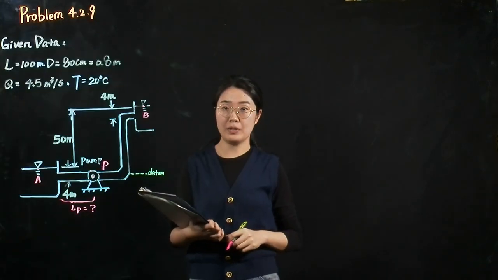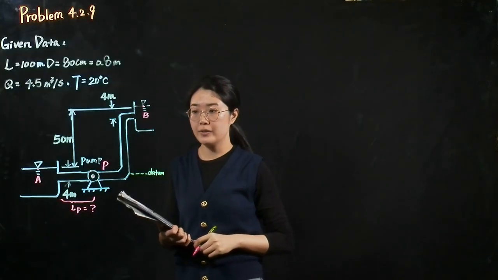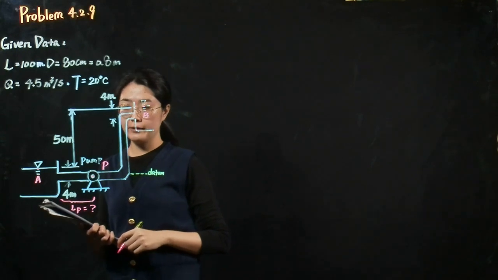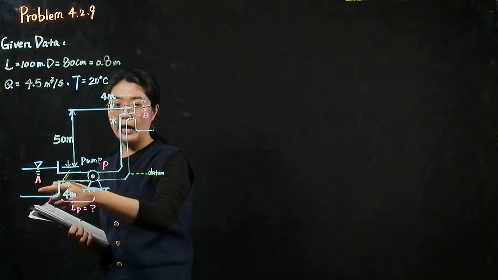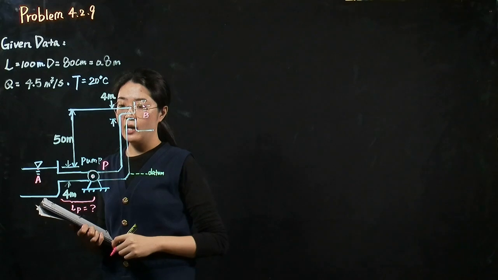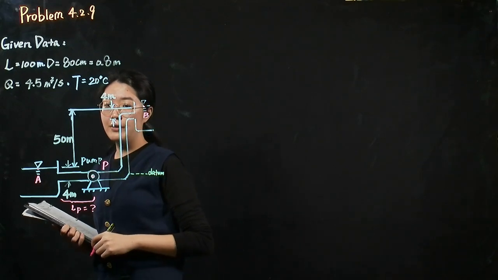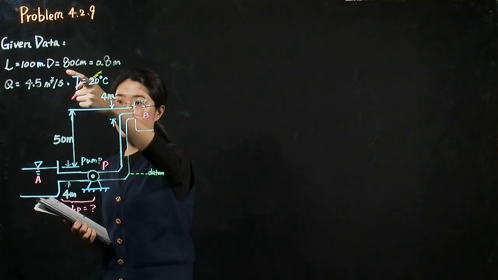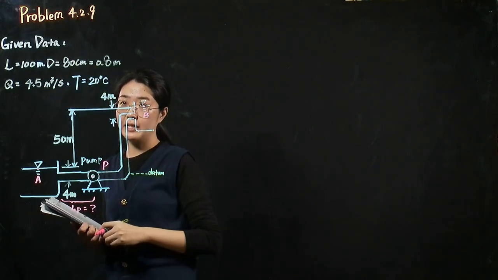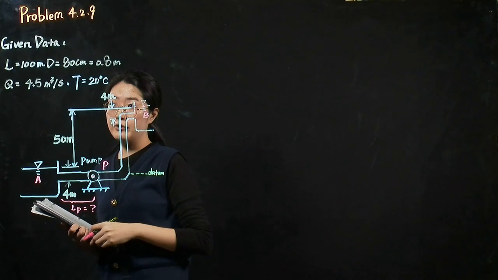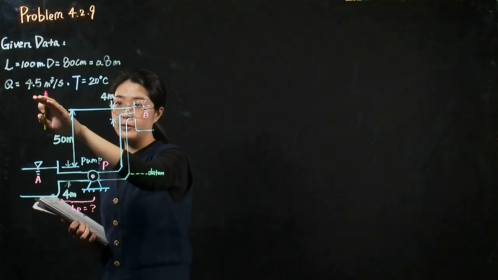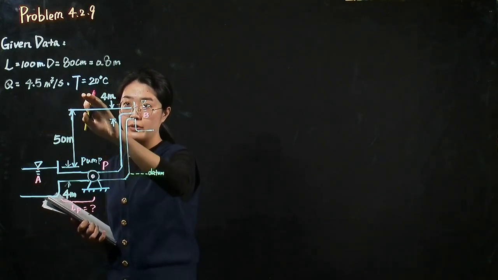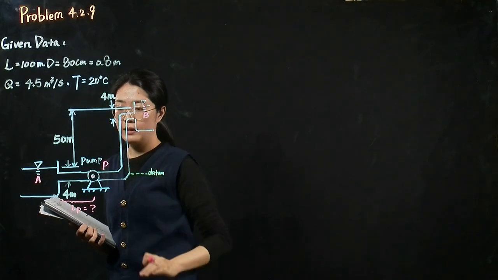Let's take a look at problem 3. A pump will be used to lift the water from reservoir A to reservoir B, and we know the total length of the pipe equals 100 meters, and the diameter is 80 centimeters. The flow rate equals 4.5 cubic meters per second, and the water temperature is 20 degrees Celsius.